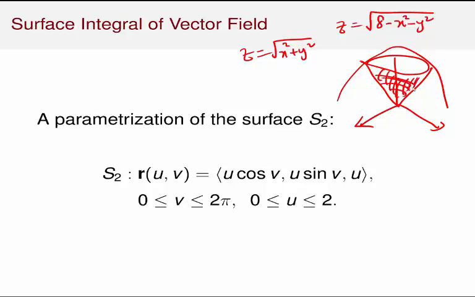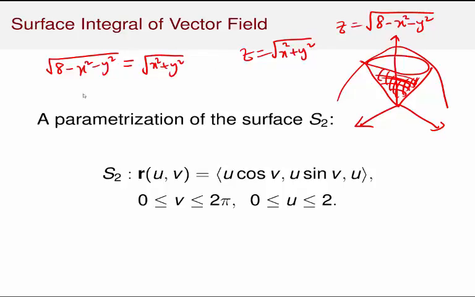In order to determine the range for the variable z, we need to solve for the intersection curve. If we combine these two equations, we have square root of 8 minus x squared minus y squared equal to the square root of x squared plus y squared.